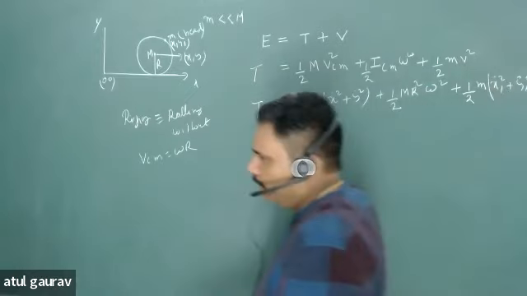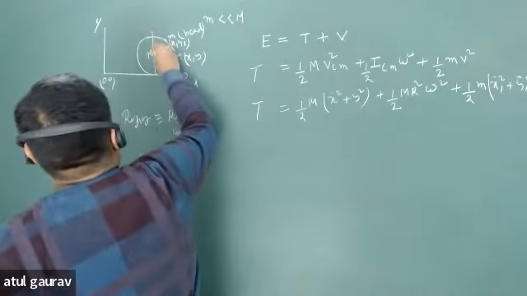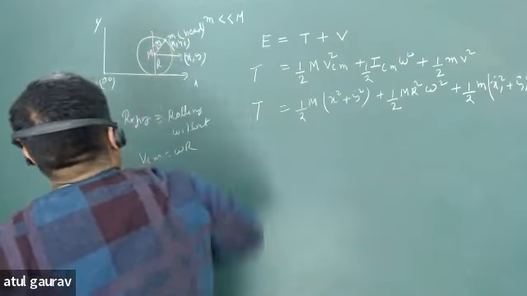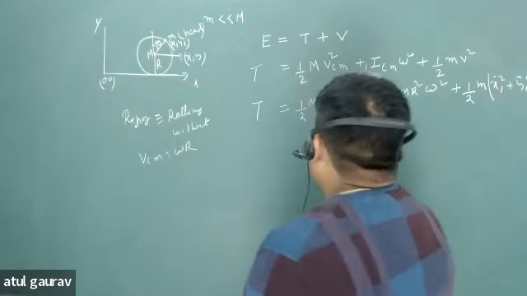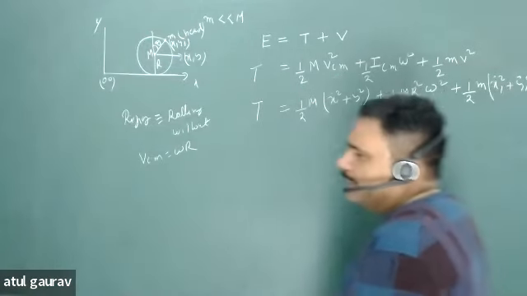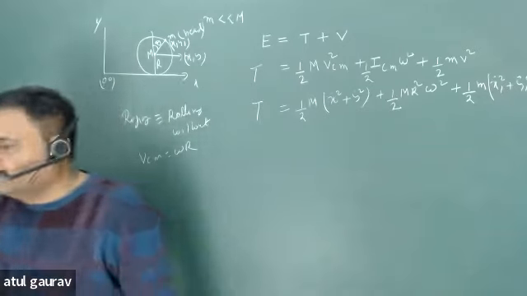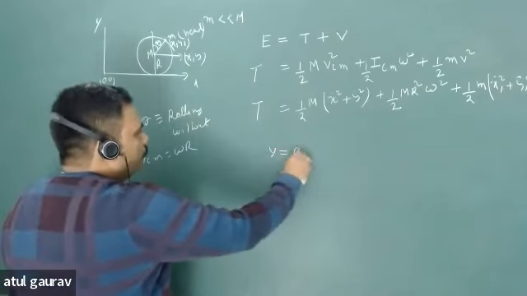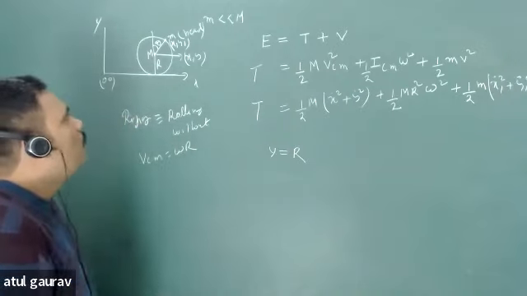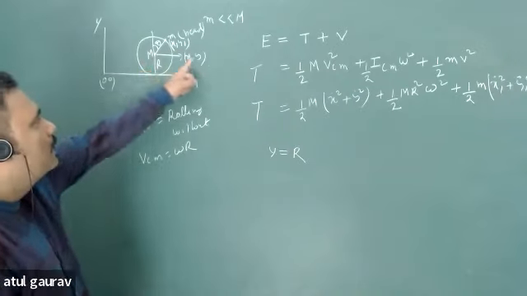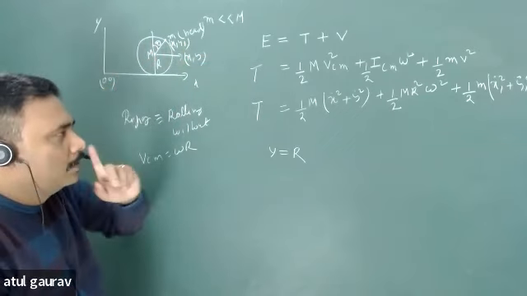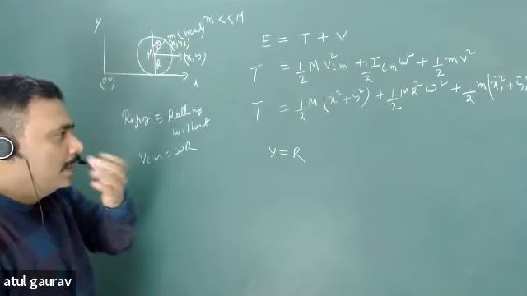Now assume this angle is theta, as it is rotating at some particular point. What will be the equation of constraint here? The first constraint is that y is equal to r. Yes or no? The center of mass will always have the same vertical distance. It is just moving, y is equal to r. Clear?